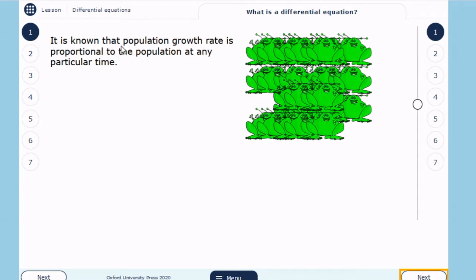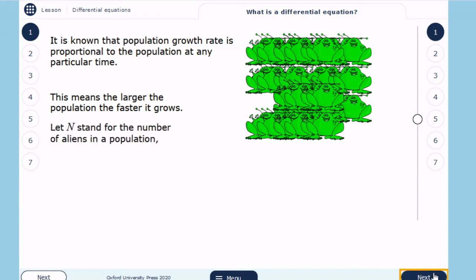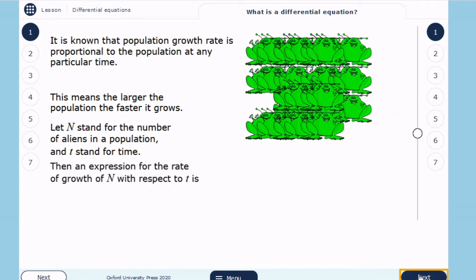Now, it is known that the population growth rate is proportional to the population at any particular time. This means that the larger the population, the faster it grows. Let n stand for the number of aliens in a population, and t stand for the time.